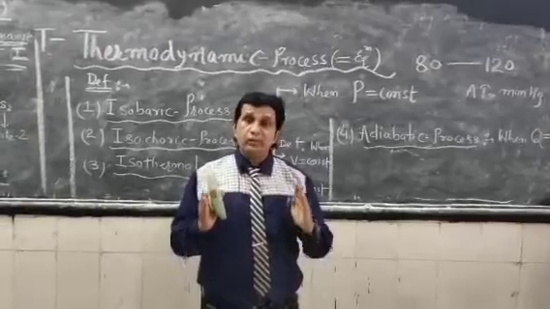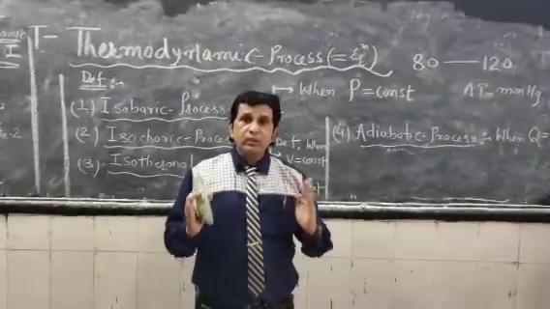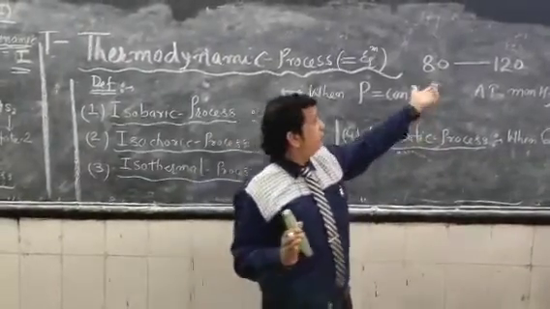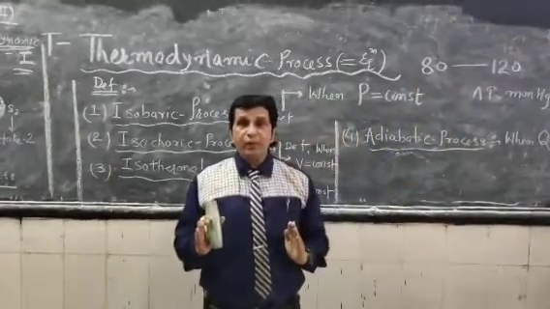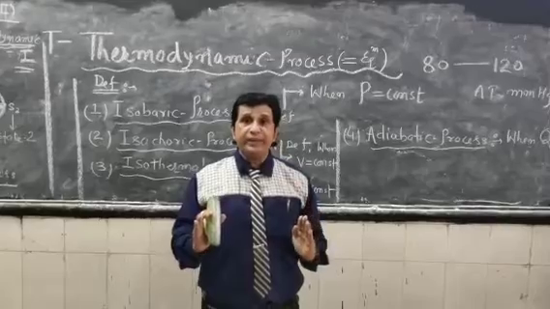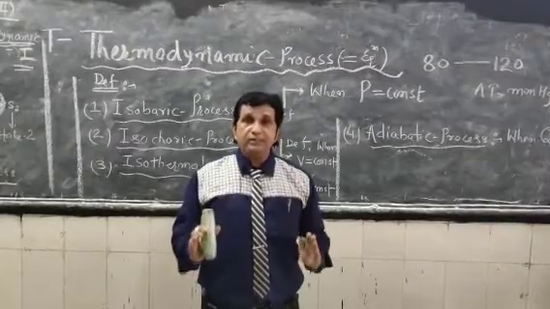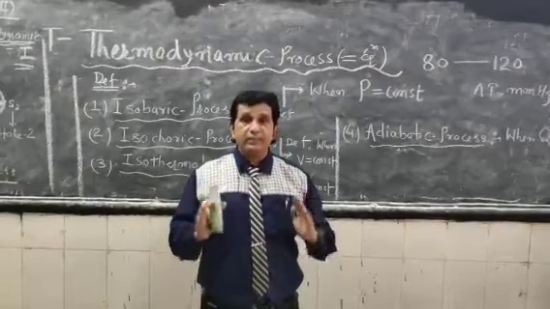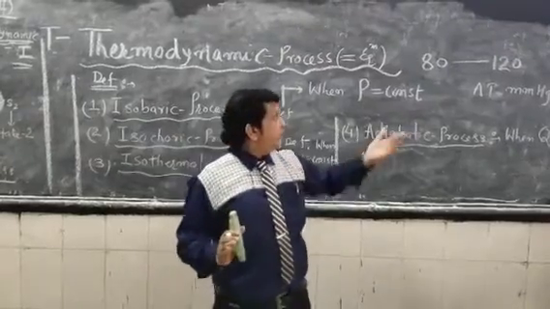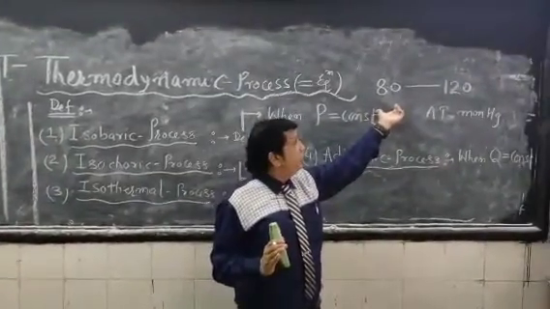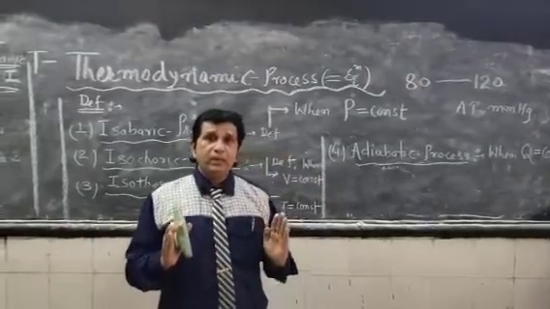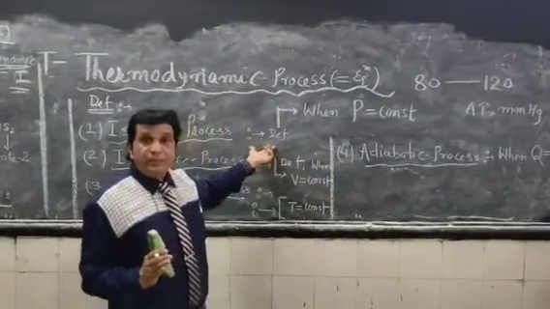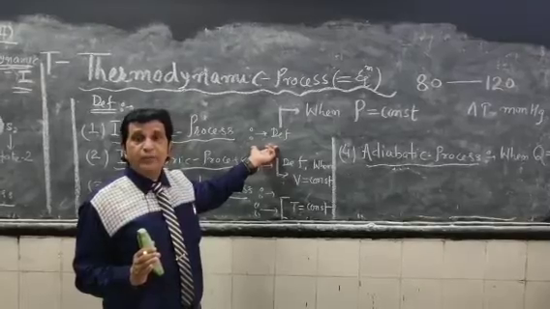The age factor is also responsible for the variation of the values 80 and 120. But by the prescription of medical science, by using medicine, one can obtain the condition of an isobaric process.